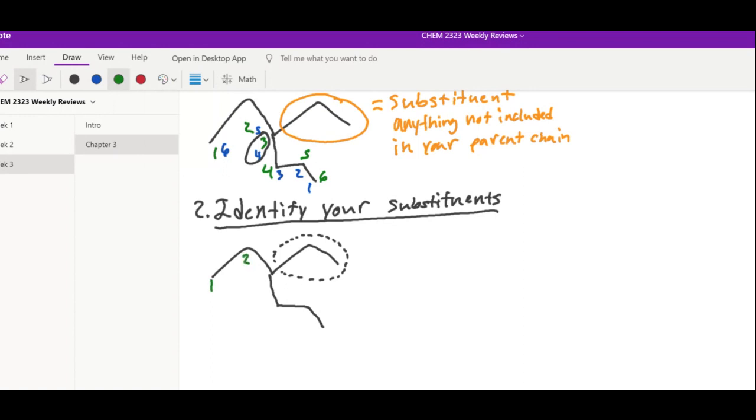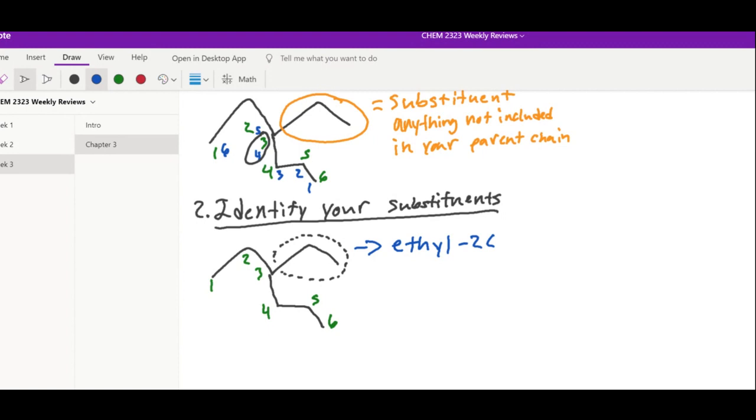So this is 1, 2, 3, 4, 5, 6. On 3, we have this substituent, so we have to figure out what substituent that is. Do you know? That's the ethyl. Yeah, it's an ethyl group. It's an ethyl because it has 2 carbons.